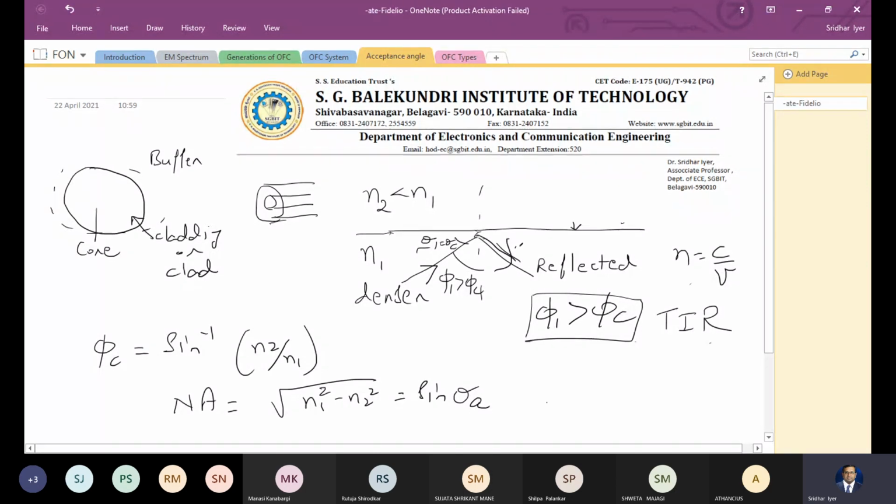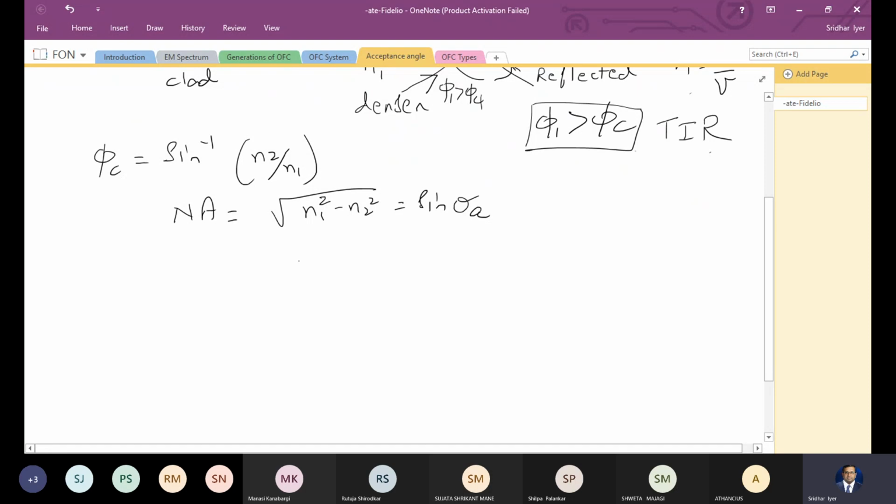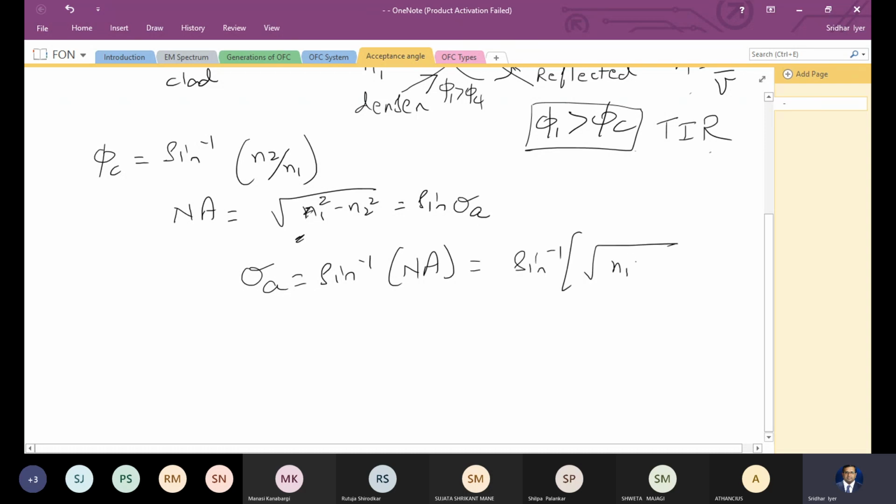However, we have not derived that acceptance angle. So that acceptance angle which I stated yesterday was just this: theta A is sine inverse NA, or equal to sine inverse of root of n1 square minus n2 square. Right? However, we have not derived that.